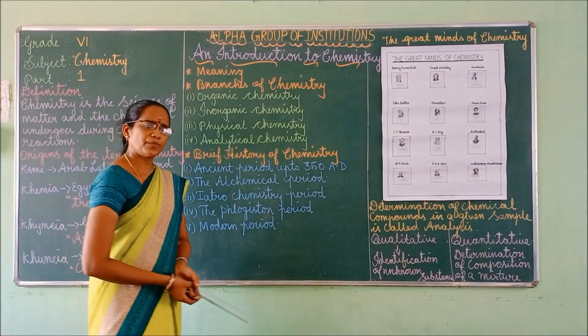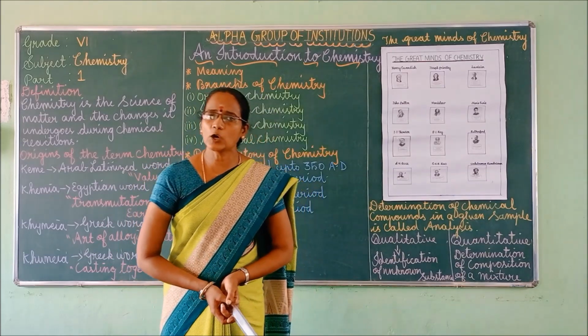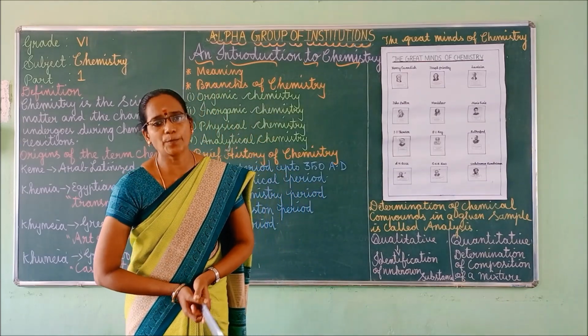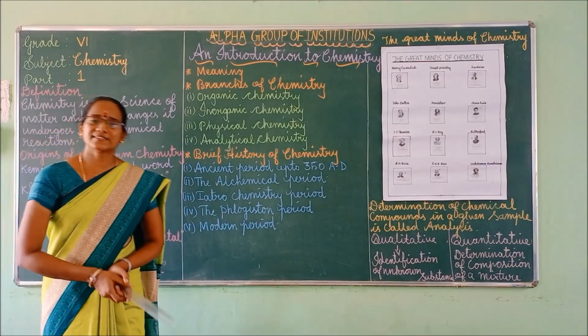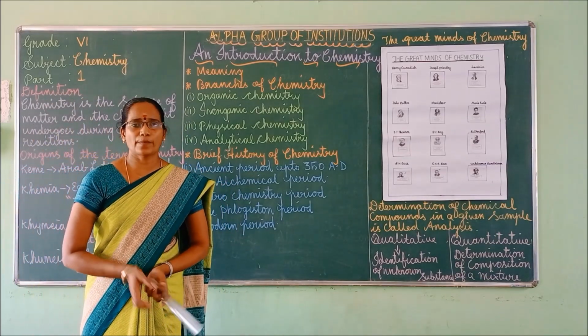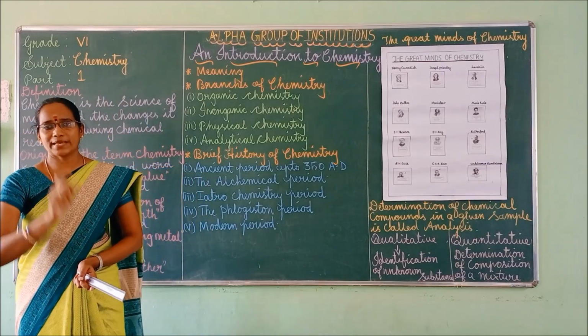Analytical chemistry is a branch of science that deals with the study of instruments and methods used to identify, separate and quantify matter. This line is very important: instruments and methods.